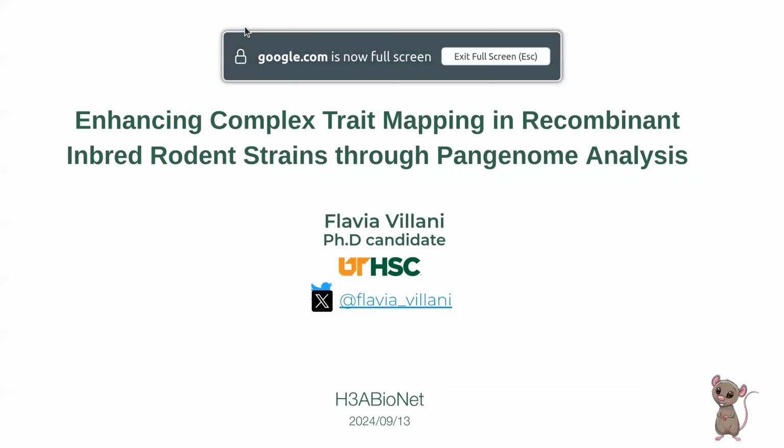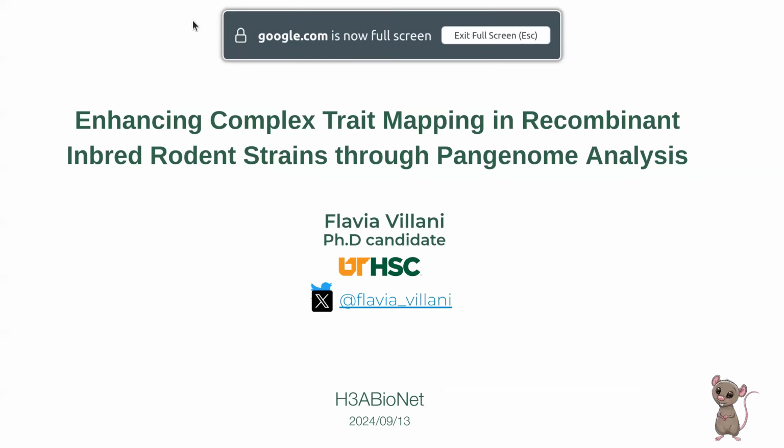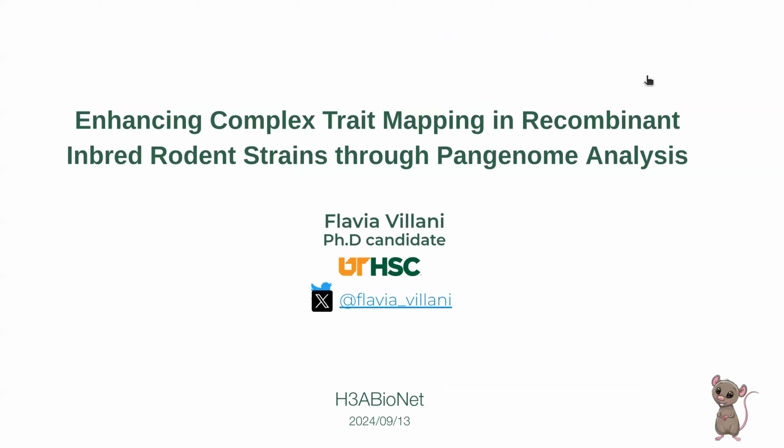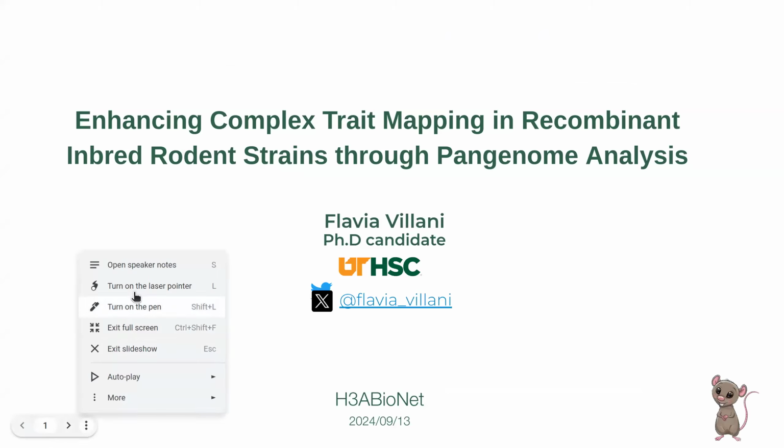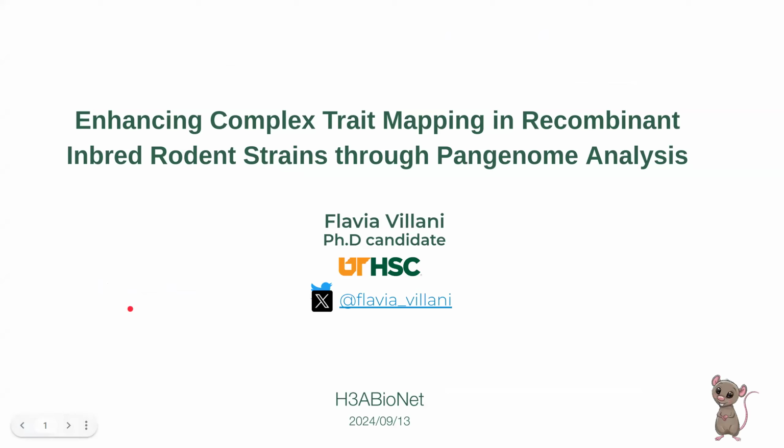Flavia Villani will be talking to us about enhancing complex trait mapping in recombinant inbred rodent strains through pangenome analysis. Flavia obtained a bachelor degree in biological science and a master's degree in medical biotechnology from the University of Naples, Federico II. During her master's degree, which she obtained in 2020, she started working with pangenome graphs in the application sense.